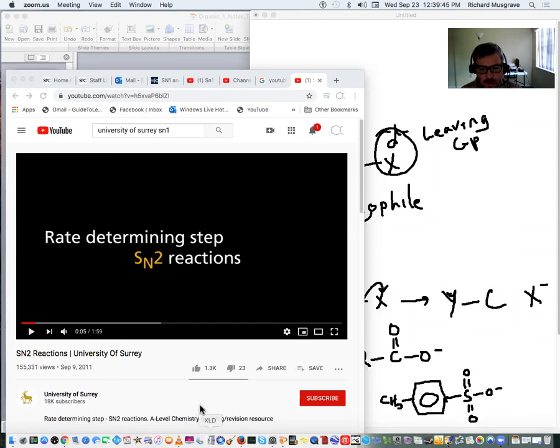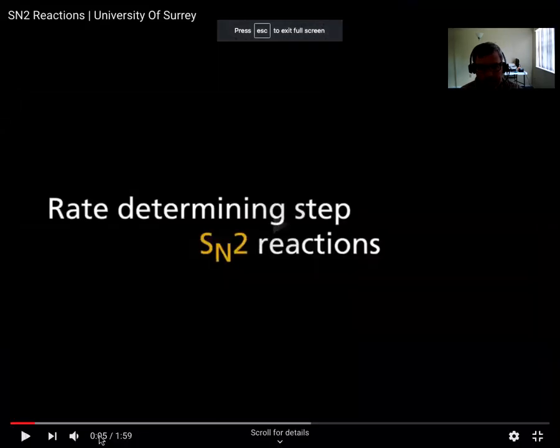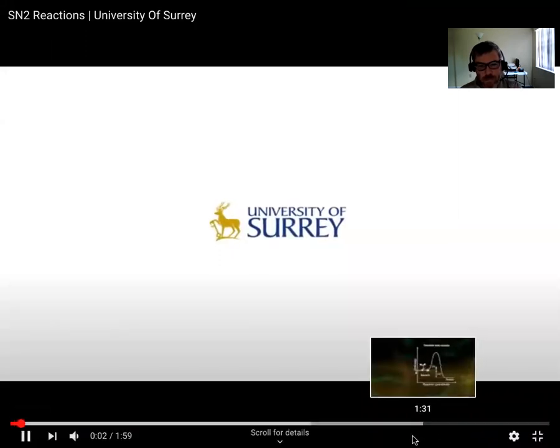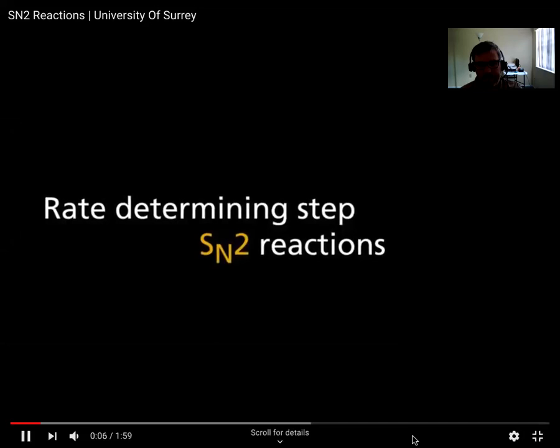Halogenoalkanes undergo... Primary halogenoalkanes undergo Sn2 reactions, where the S denotes a substitution reaction.